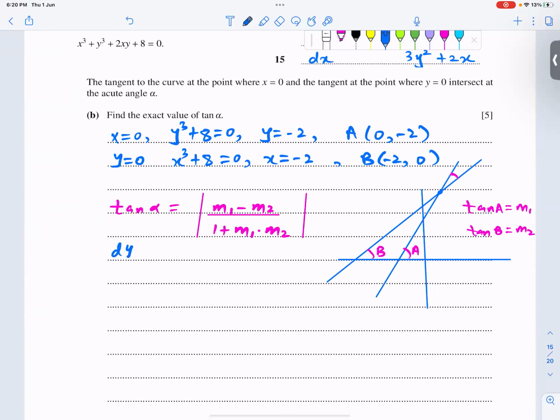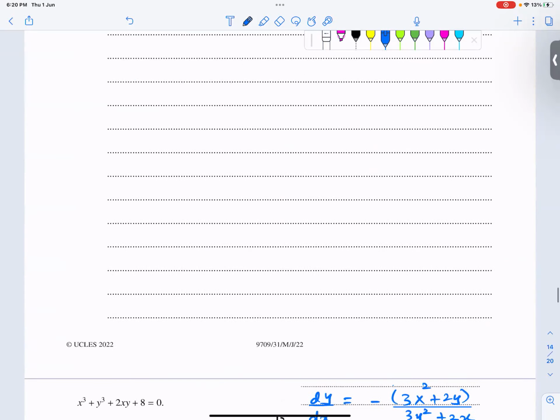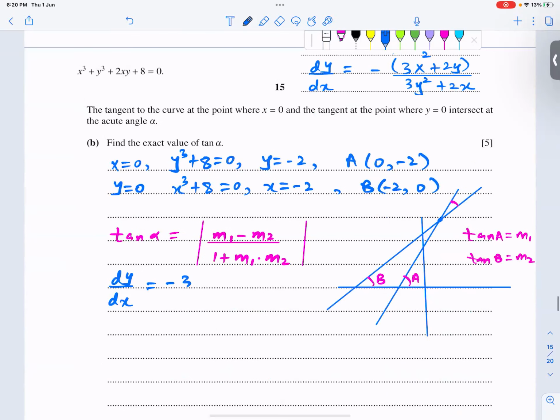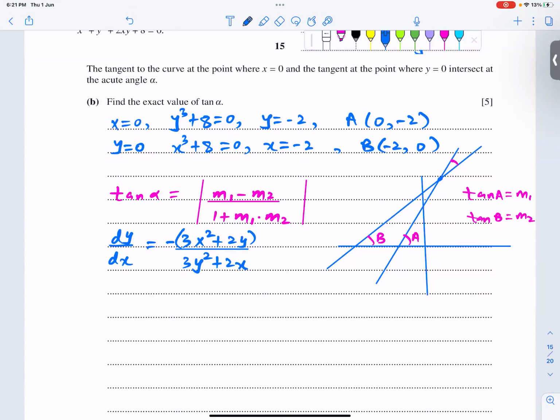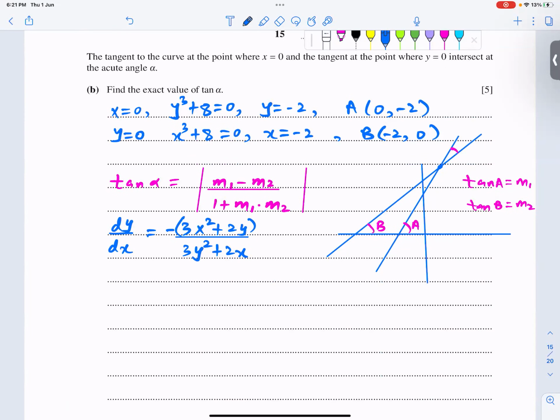dy/dx was −(3x² + 2y)/(3y² + 2x). One by one, put A and B in this dy/dx to get the values of m1 and m2.